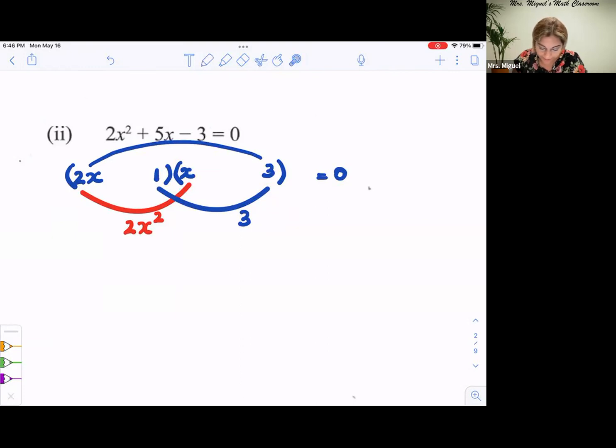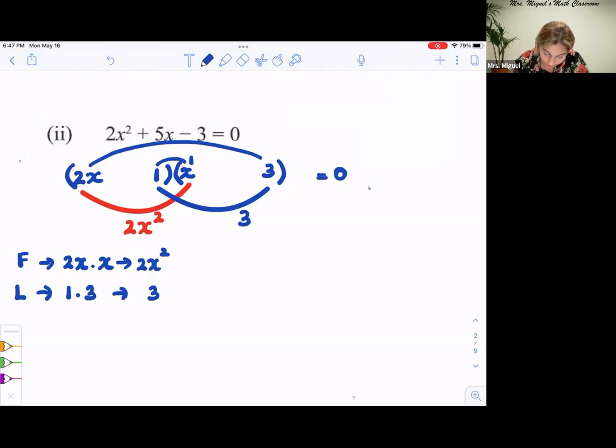So I multiplied the first terms, 2x by x, to give me 2x squared. Then I multiplied the last terms, which is 1 by 3, to give 3. So now I have to multiply the outer and the inner. So here I will get 1x, and here 3 by 2 will give me 6x.